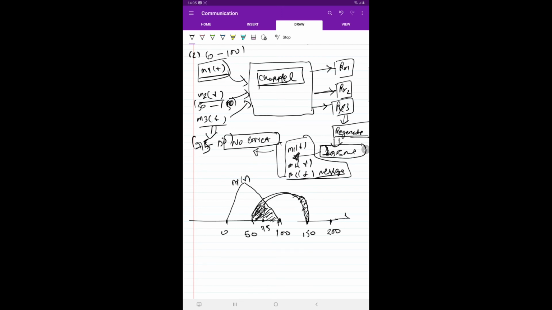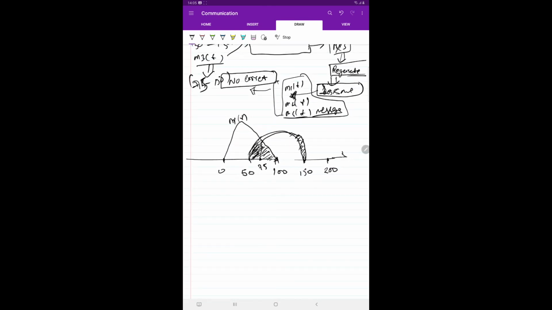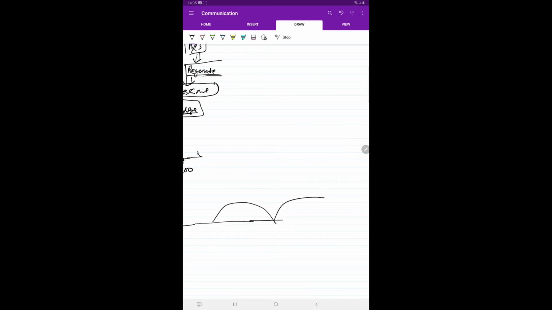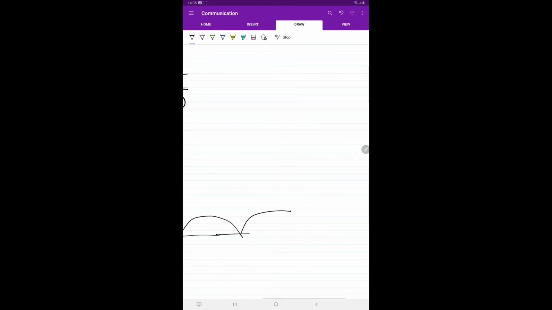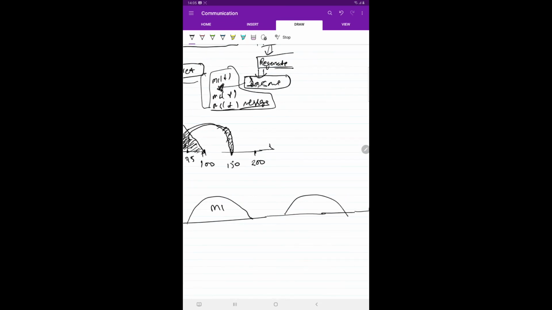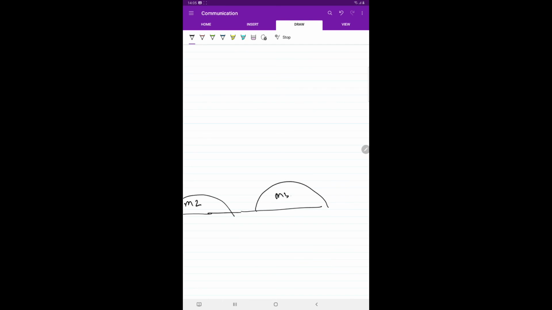So how can we avoid this? Suppose we use modulation and shift these signals, so here is M1, M2, and M3.